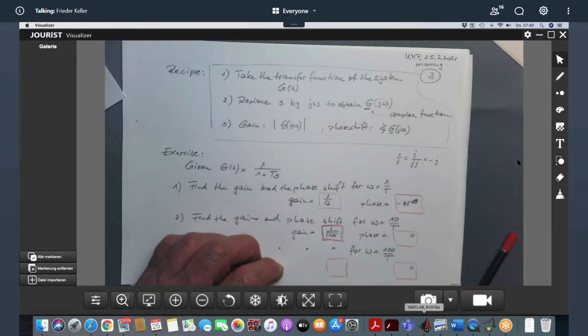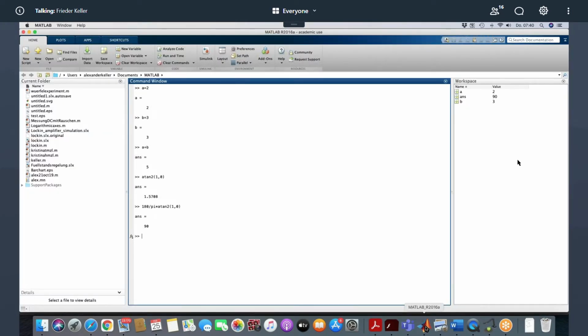Well, take MATLAB, use it as a pocket calculator, and oh my goodness, I have used atan2 here.